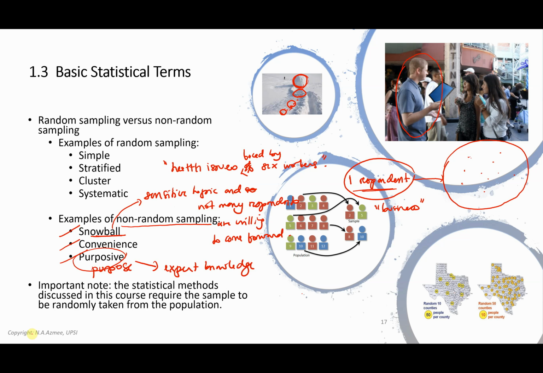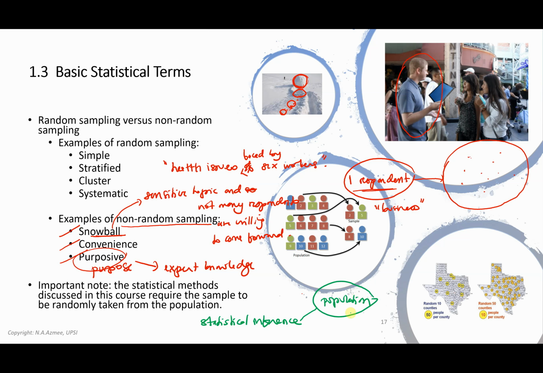Okay, now for statistical inference to take place, recall that our course here is about statistical inference. So what is statistical inference all about? It's about making decisions about the population.